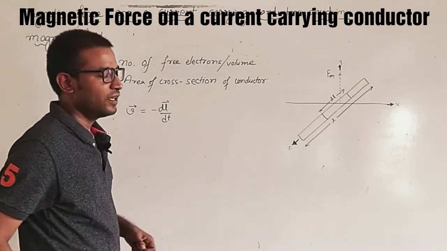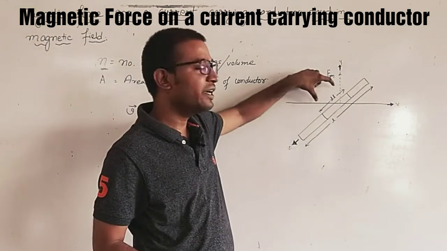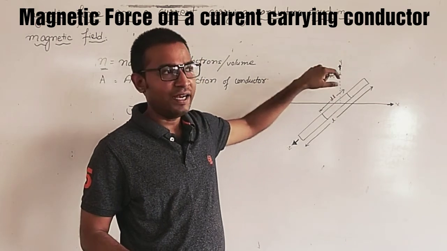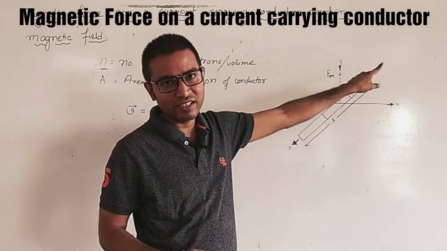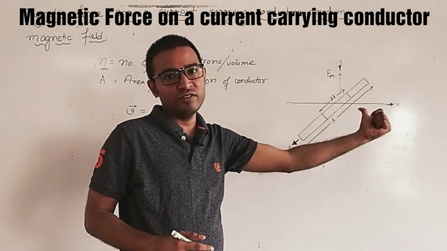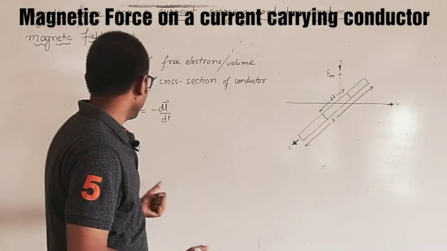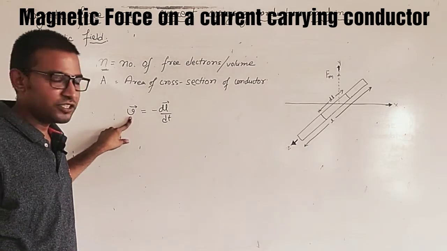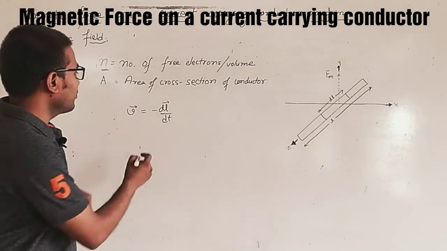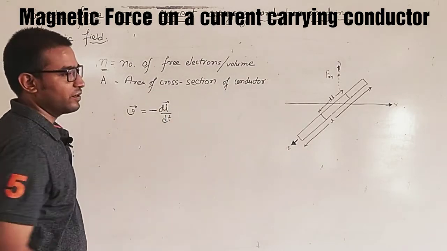What is dl? Here we have assumed a very small element dl in this direction, while the electron velocity is in the opposite direction, and that's why I have put a negative sign in the expression for the drift velocity.